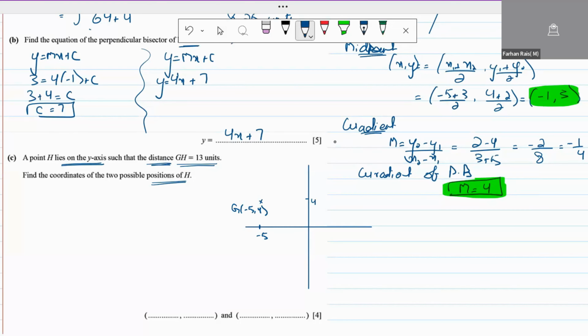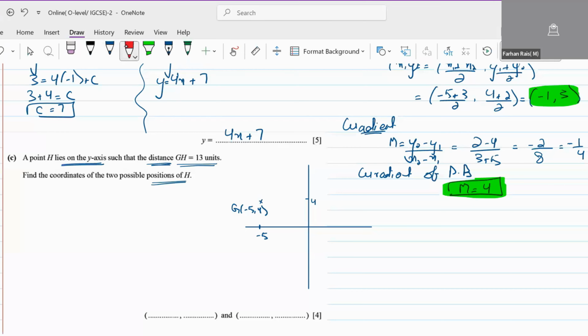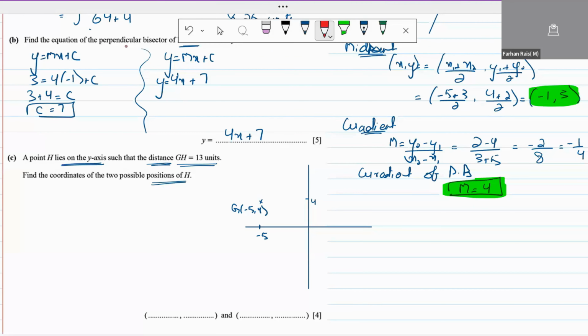Point H is somewhere on the y-axis. Now there are two possible positions. It can be above the point G, somewhere here, or it can be below the point G, somewhere here.